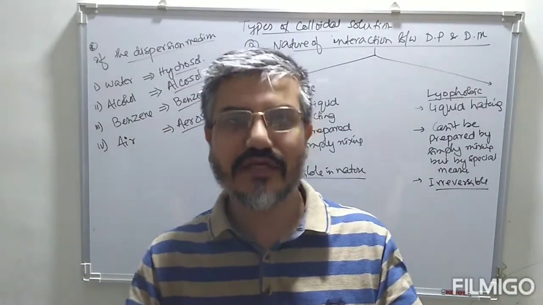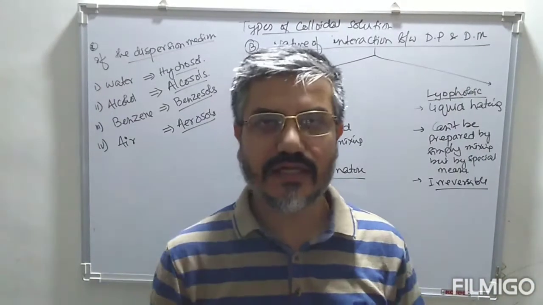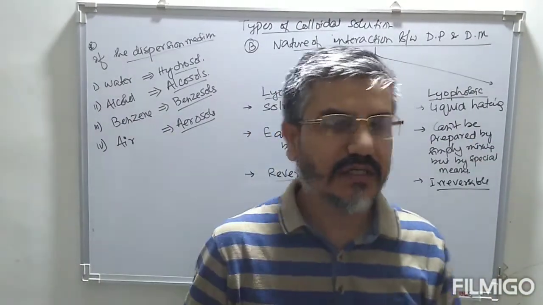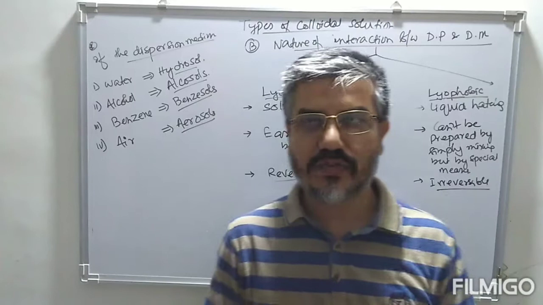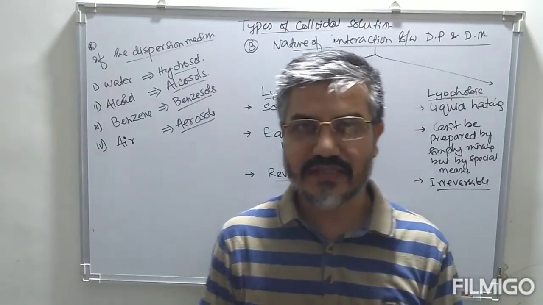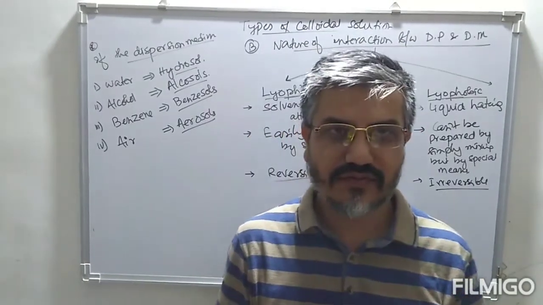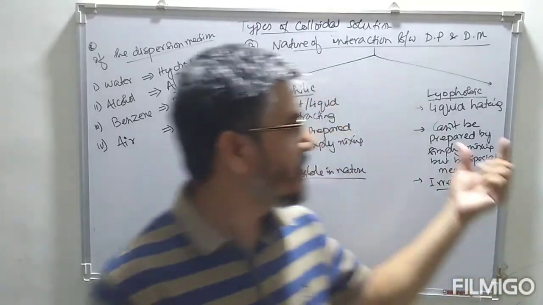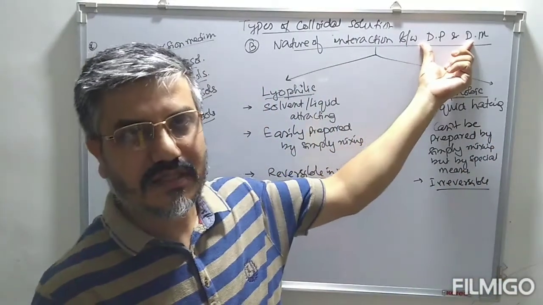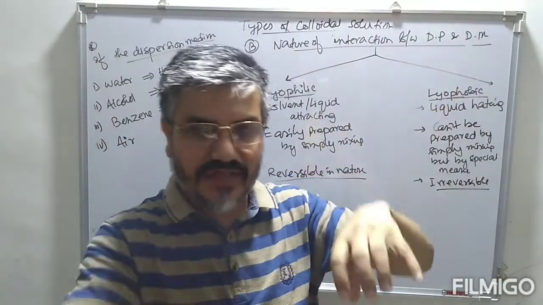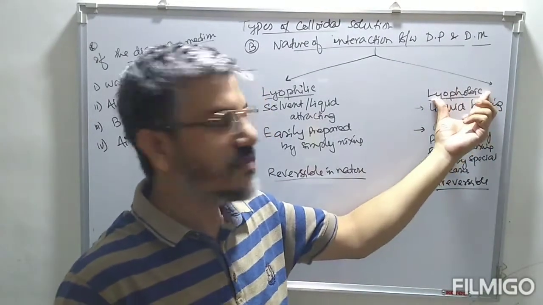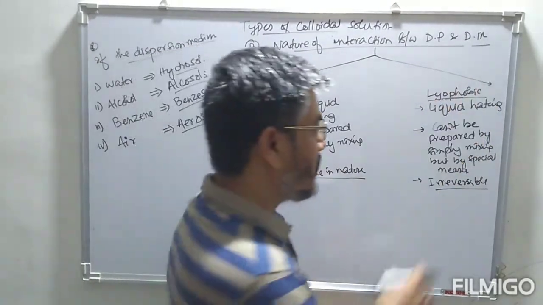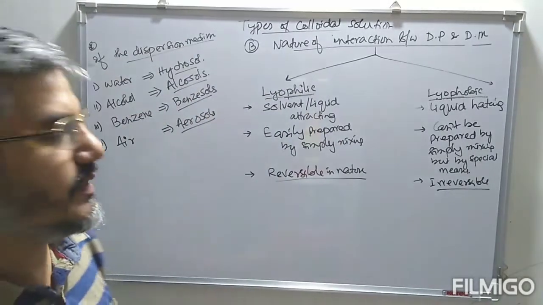After this separation, they are mixed together again. By simply mixing, the lyophobic sol cannot be obtained again. That means the process of mixing of the two components, separation, and remixing cannot obtain this lyophobic sol. So we say these are irreversible in nature.